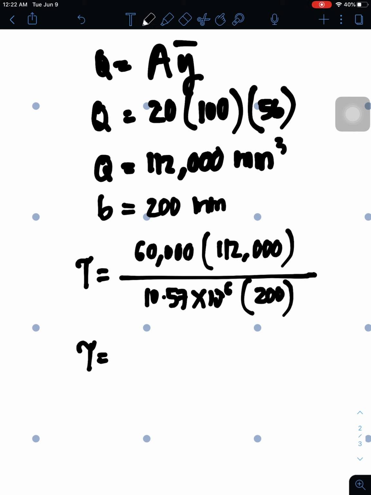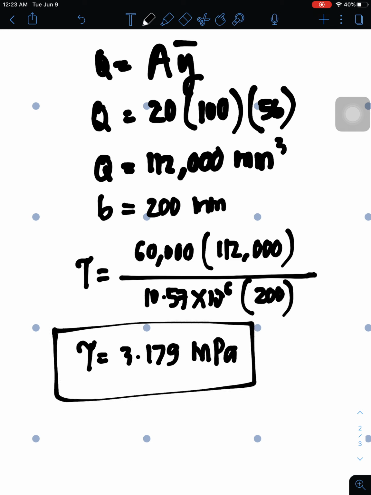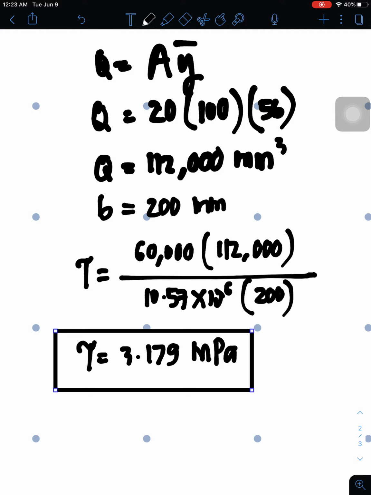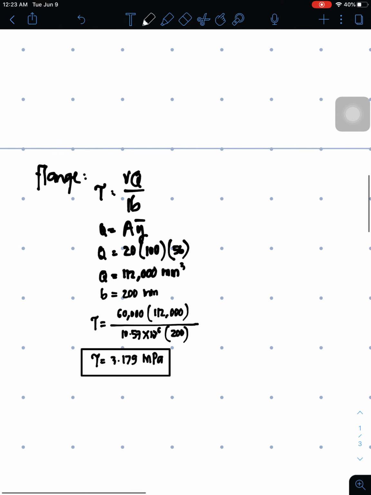The answer is 3.179 megapascal. So this is the stress for the flange.